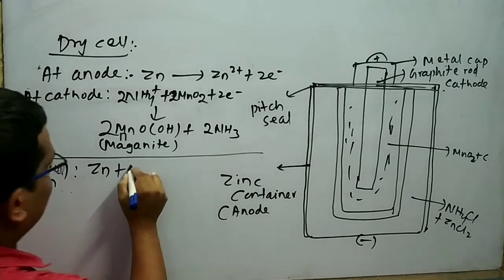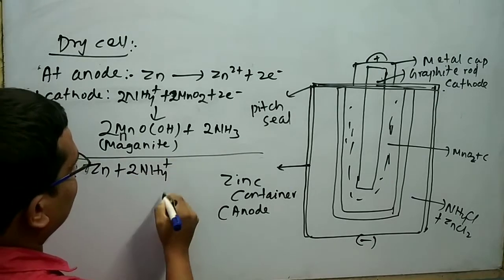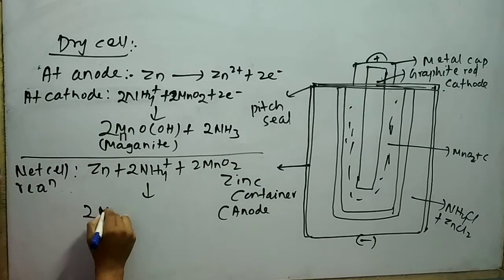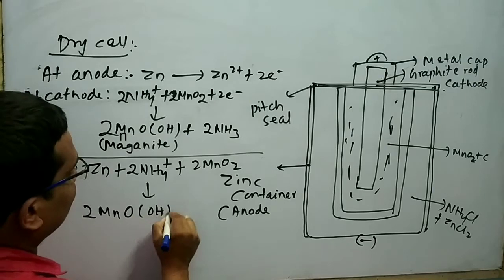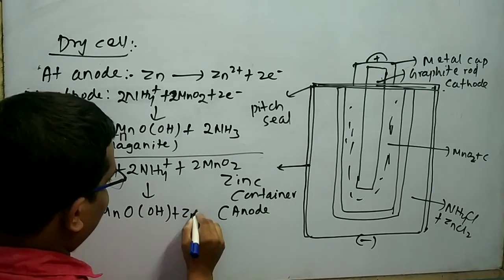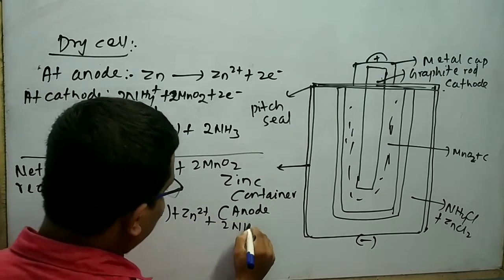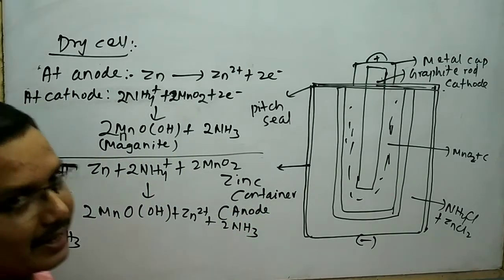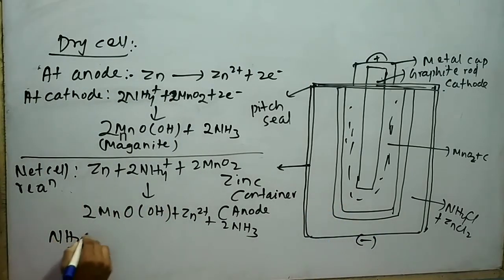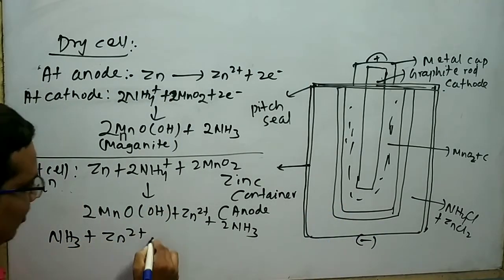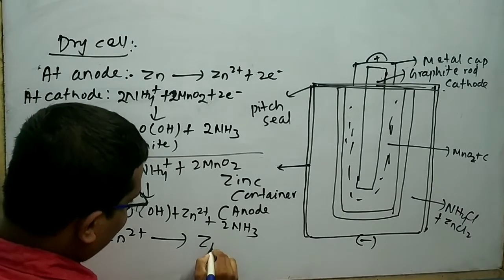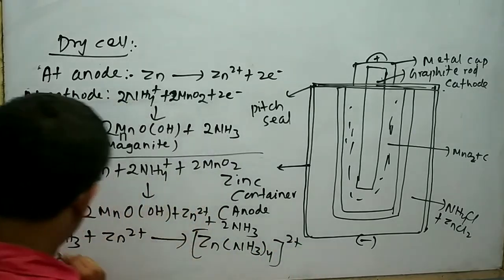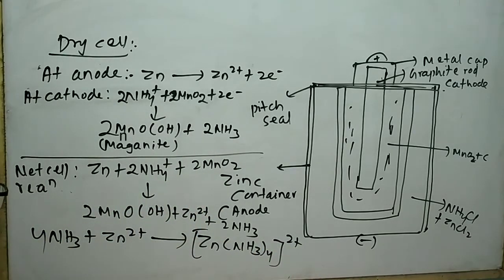Zn plus 2 NH4+ plus 2 MnO2 gives 2 MnOOH plus Zn2+ plus 2 NH3. Now this NH3, liberated as a byproduct, reacts with the Zn2+ to form a complex compound, [Zn(NH3)4]2+, where 4 molecules of NH3 are taken.